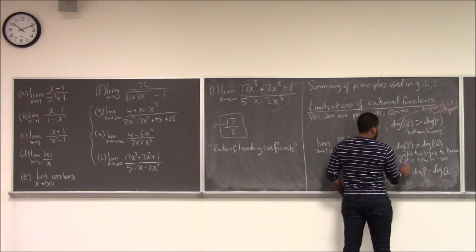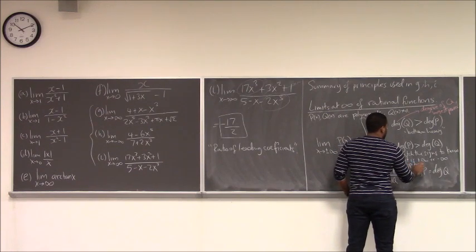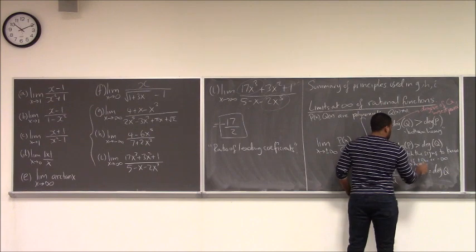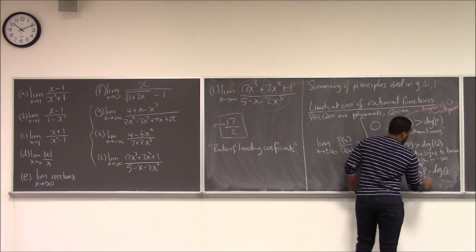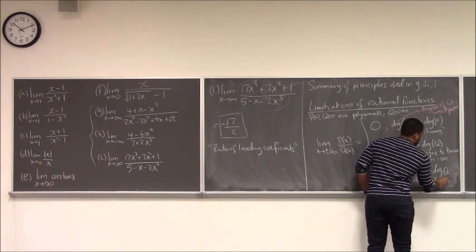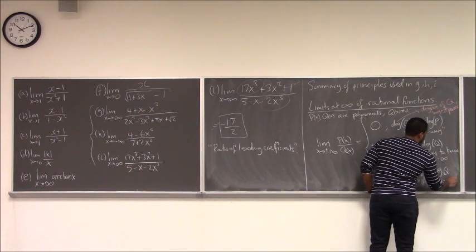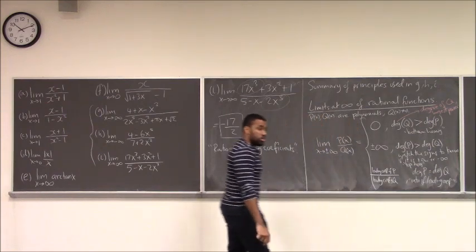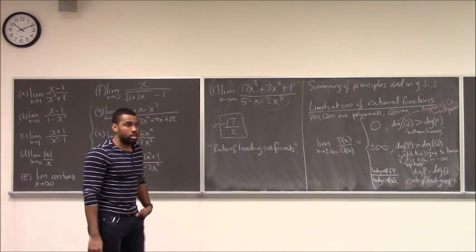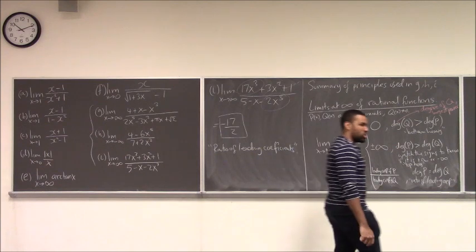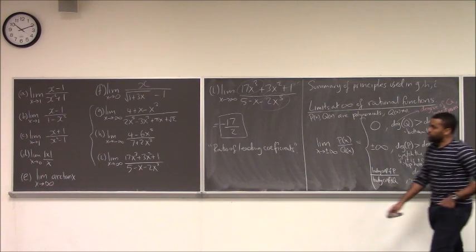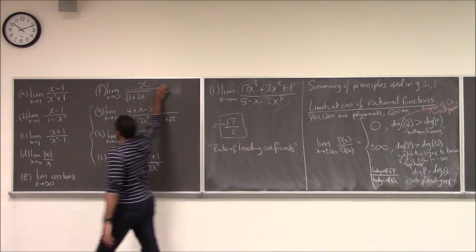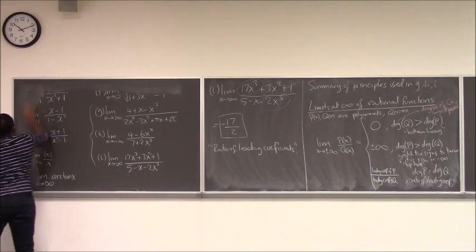So this you can refer to as top heavy. And this is just the ratio of leading coefficients. So functions like that have only 3 cases. And it's easy to tell which by just ignoring everything except the highest powers. Got a lot of mileage out of this.